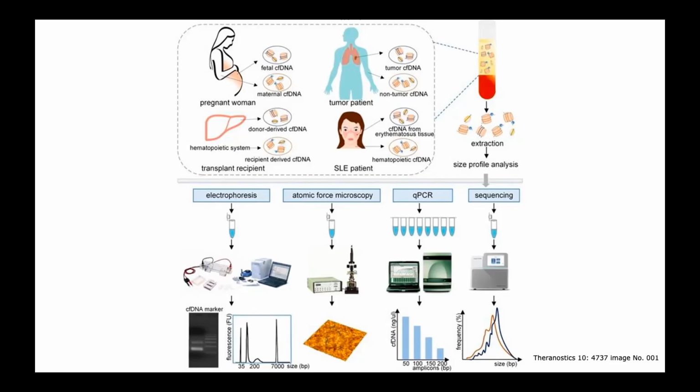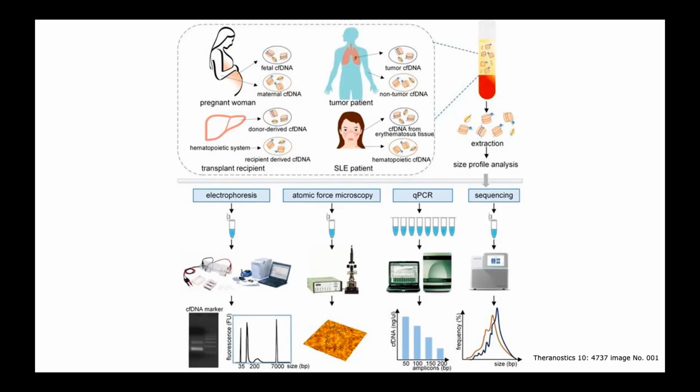In the setting of organ transplantation, we have the organ that comes from the donor, and we have the recipient. Similarly, when we run the test, it is able to distinguish between the cell-free DNA coming from the donor and the cell-free DNA coming from the recipient.